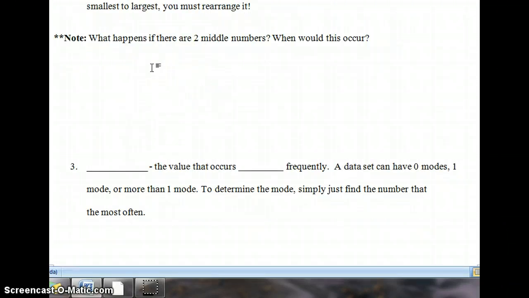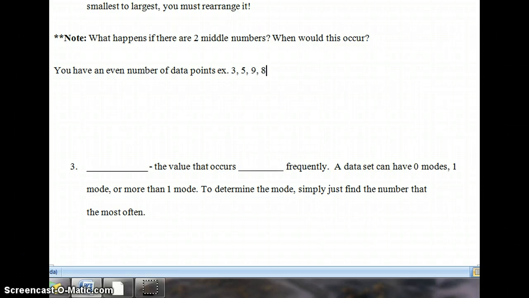One question for you is, what happens if there are two middle numbers? There's actually a particular situation when this would occur, and that is when you have an even number of data points. For example, suppose we had the numbers 3, 5, 9, and 8.